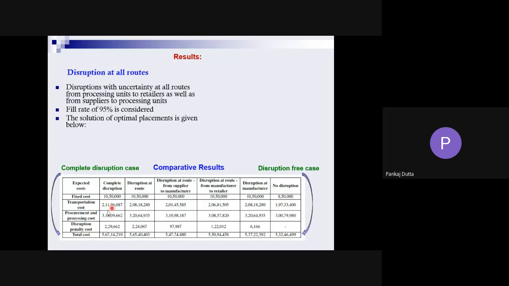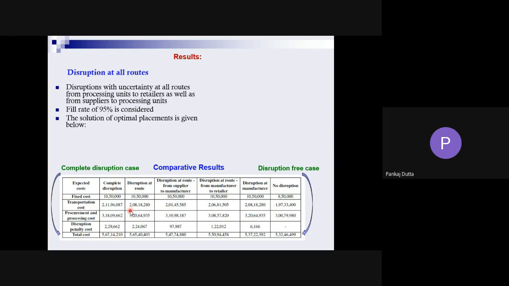Then we found 2 cases. One is the complete disruption case. If you have supply disruption, route disruption, and manufacturer demand uncertainty everywhere, then your total cost comes out to be 5 crore 67 lakhs every quarter, based on the scaled data.